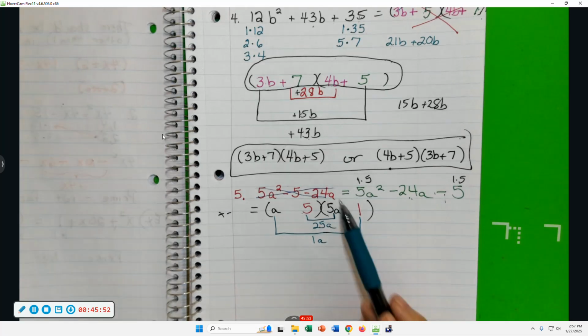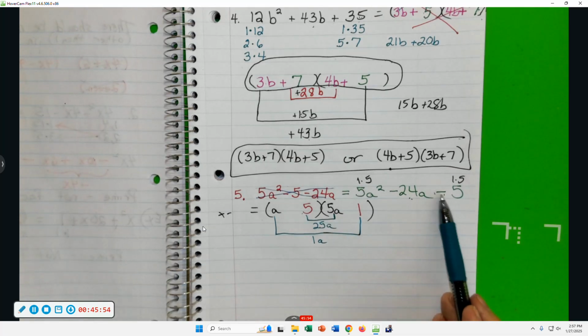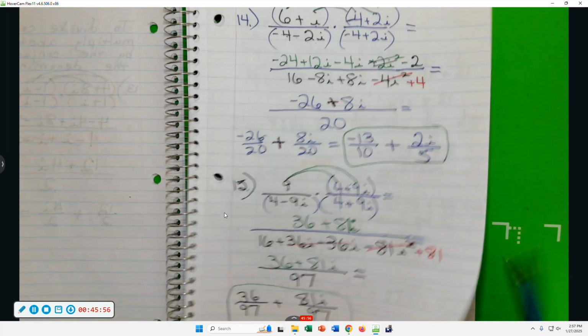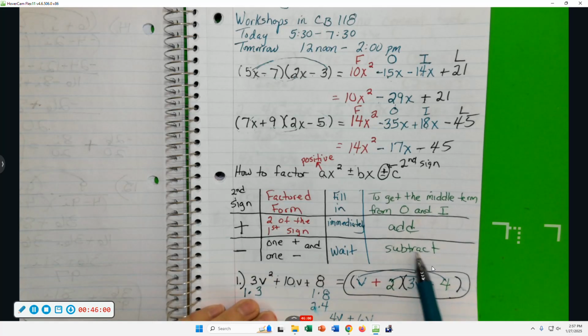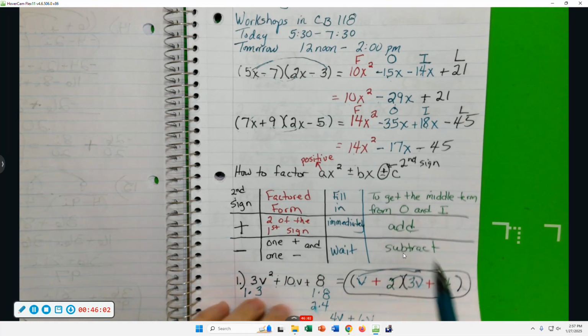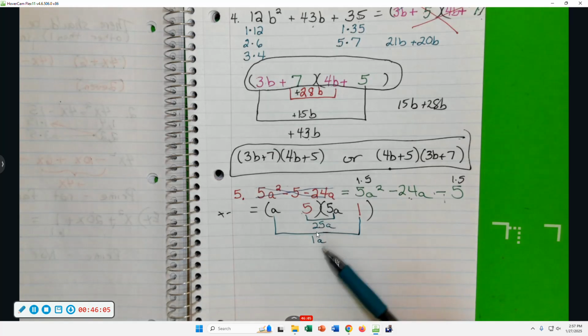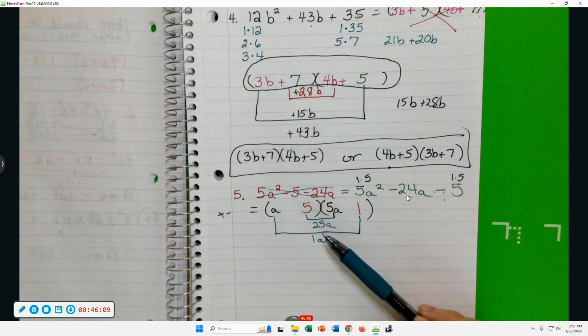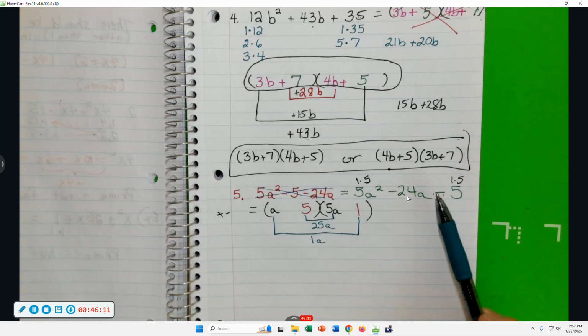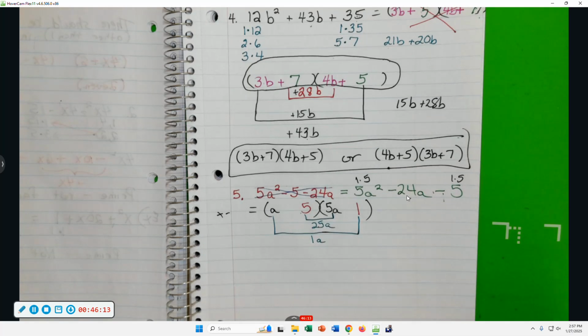Remember when that last sign's a minus, you have to subtract the outer and inner. Can you subtract these outer and inner to get that middle number there, 24? Can you subtract 25 and 1 to get 24? Yes, you can.